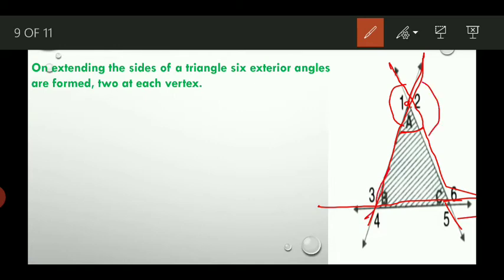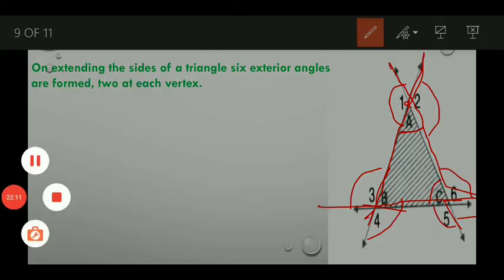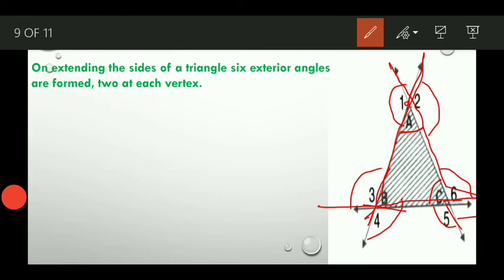Similarly at vertex B there are 2 exterior angles, and similarly at vertex C there are 2 exterior angles. So 1, 2, 3, 4, 5, 6. So if each vertex has 2 exterior angles, then 3 vertices will have 6 exterior angles.